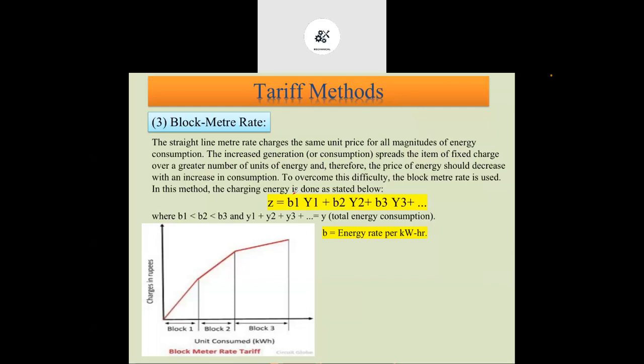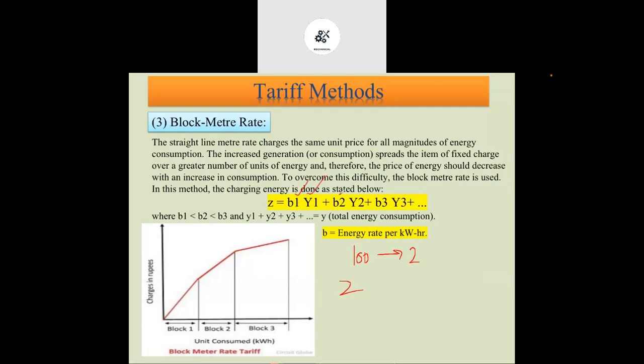Similarly, they will ask you to find out the total energy cost by using the block meter rate also. In this particular tariff method, we are going to only use the energy consumed by that particular customer.